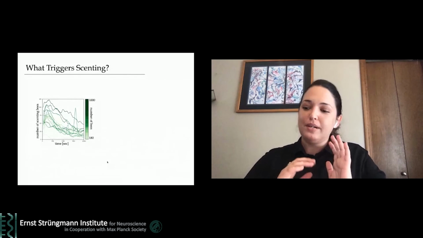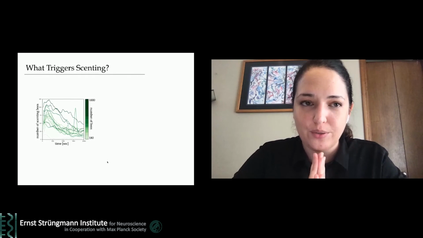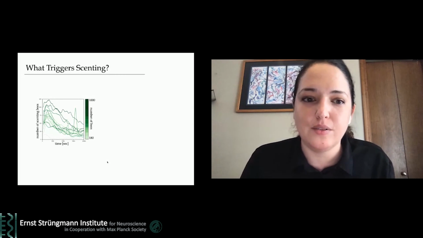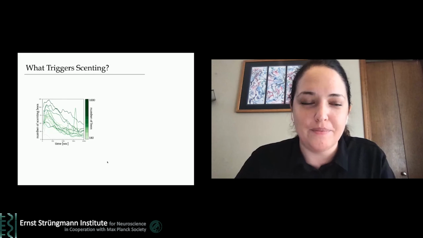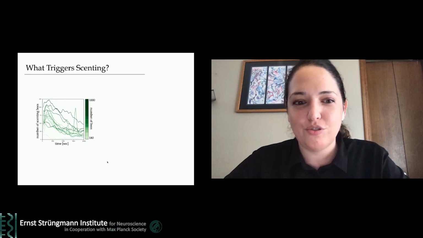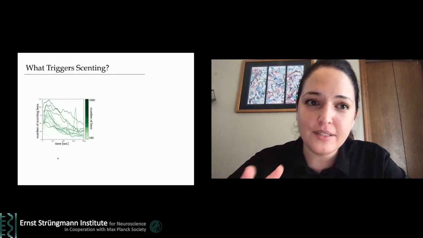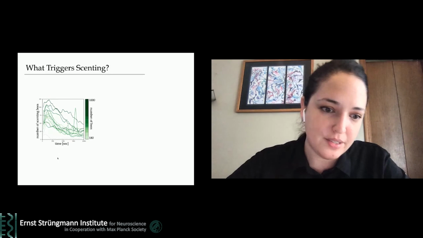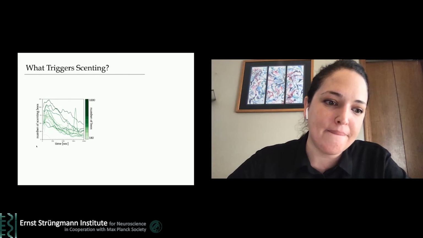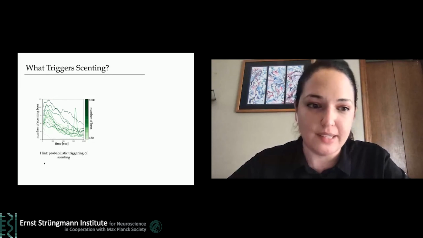Okay, so the last thing to try to understand here is what might be triggering scenting. What would be local cues that the bees get from the environment to decide to scent? We get a few hints about this from the experiments. The first one shown here is that there is likely a probabilistic triggering of scenting.